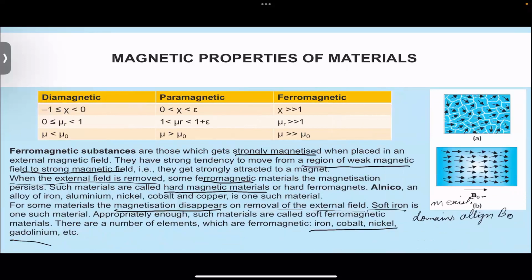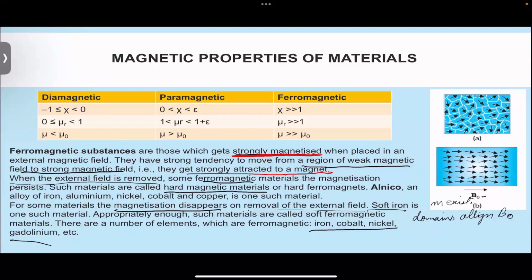Now, if we come to the ferromagnetic ones, these get very strongly magnetized. These are actually the kind of permanent magnets that we create. When such substances are placed in an external magnetic field, they will move from a region of weak magnetic field to a stronger magnetic field, and they are strongly attracted to a magnet.